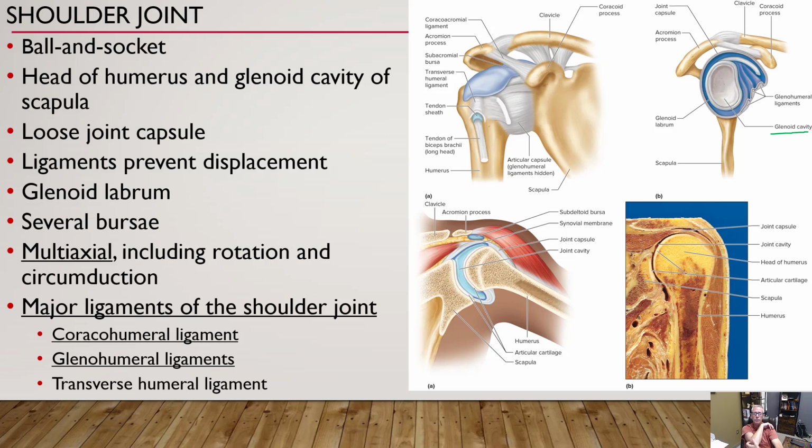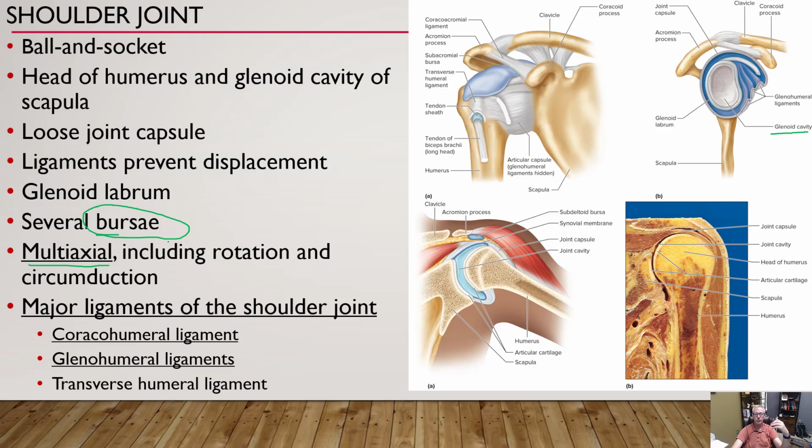It's a very loose joint capsule, and we have a lot of bursae in there. It's a multi-axial joint, remember. So with that ball and socket joint, there's lots of rotation, three-dimensional movement plus rotation.